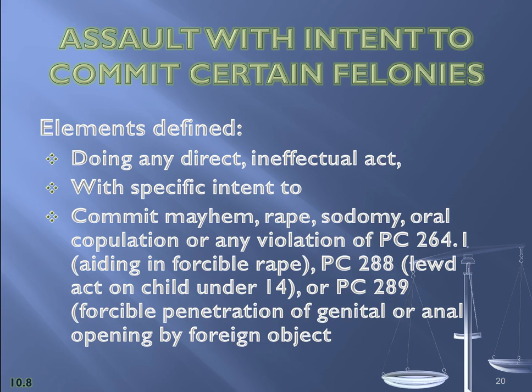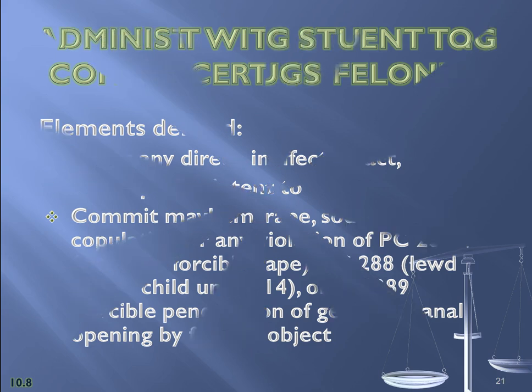Now, there must exist in the mind of the assailant at the time of the attack that specific intent to commit one of the crimes that I just read, and this intent must be proven as one of the elements of the crime.